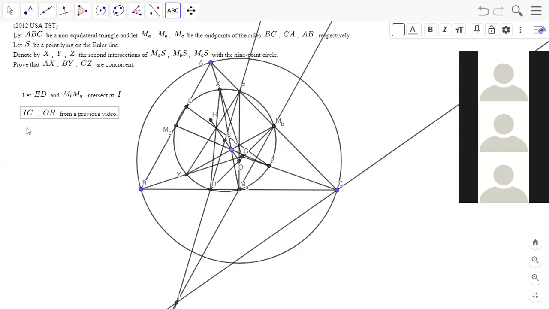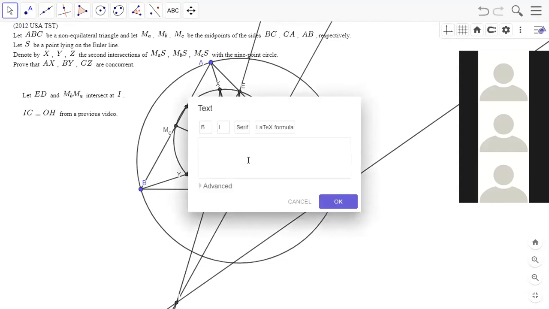IC is perpendicular to the Euler line. So because the center of the nine-point circle lies on the Euler line, IC is the polar of S with respect to the nine-point circle.